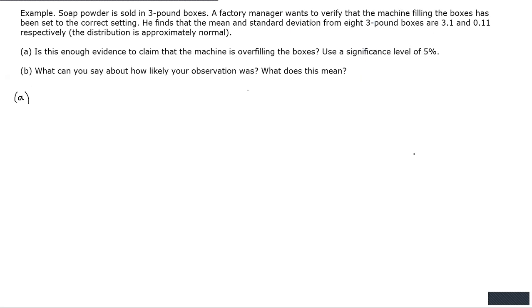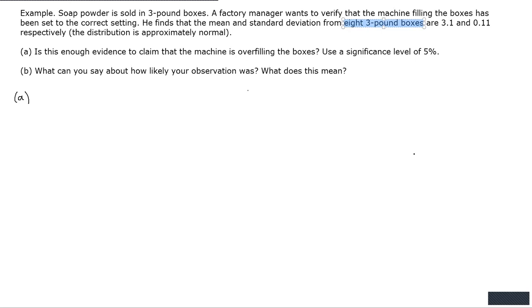Okay, so the first thing that I'm going to look at is the fact that this manager collected data from 8 boxes, right? So we had 8 3-pound boxes. So this means that the data was collected only from 8 elements. So this is going to tell us what the sample size is going to be.